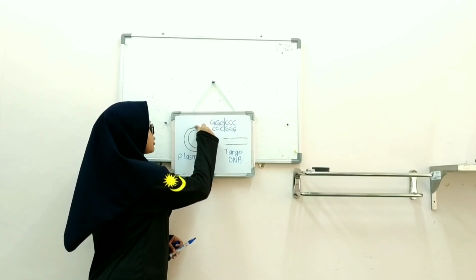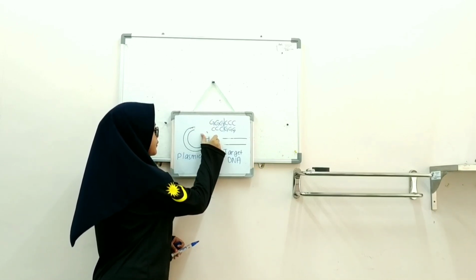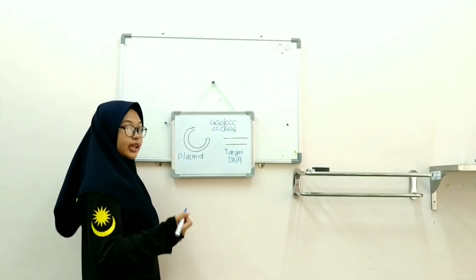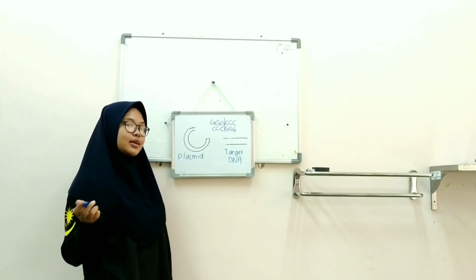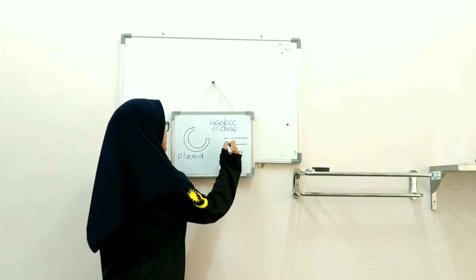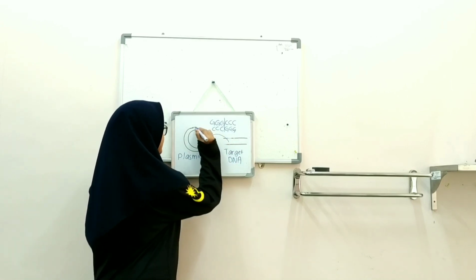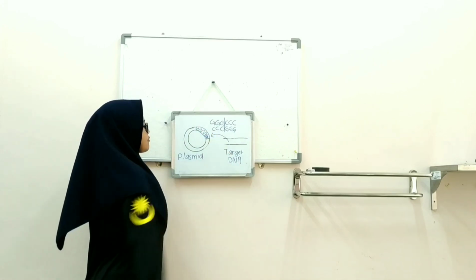So the plasmid will be like this. Then our target DNA is also cut by the same restriction enzyme SmaI, and it will insert into the plasmid.